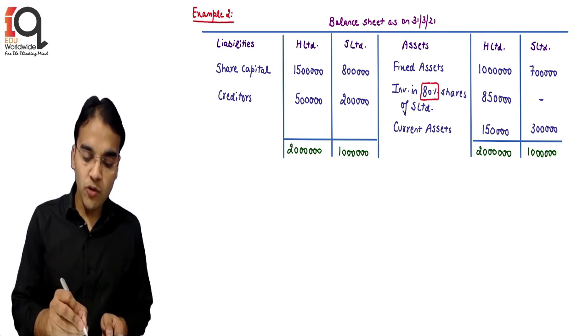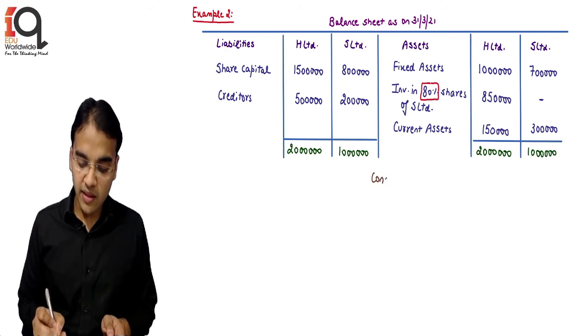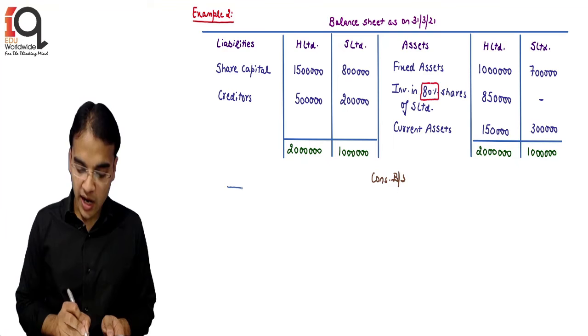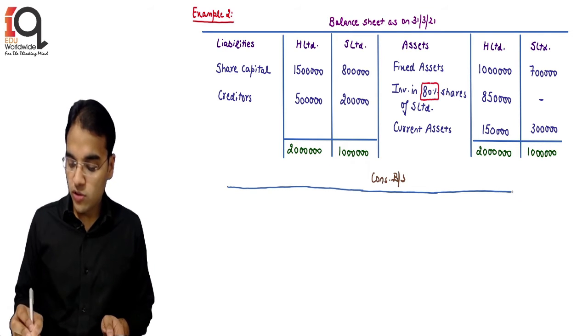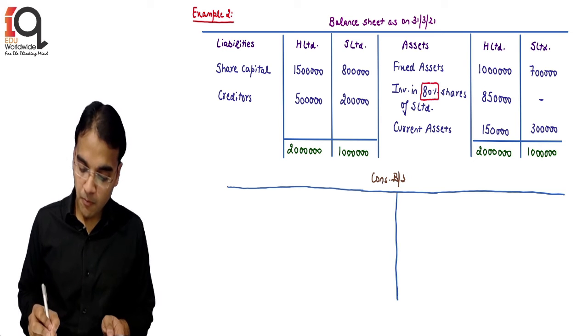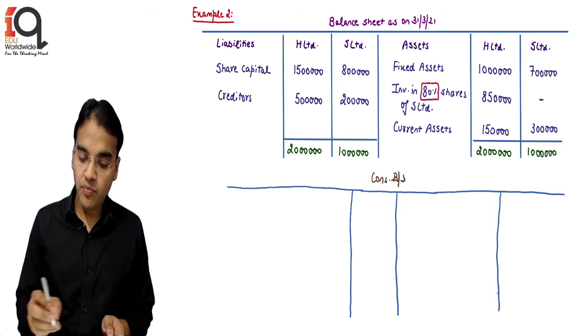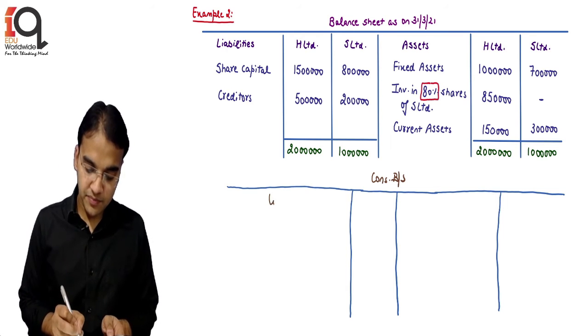So if I have to make the consolidated balance sheet, just see, don't write anything. Just see, but don't write unless I tell you to write in your notes. So if I have to make the same, that is liabilities and assets.